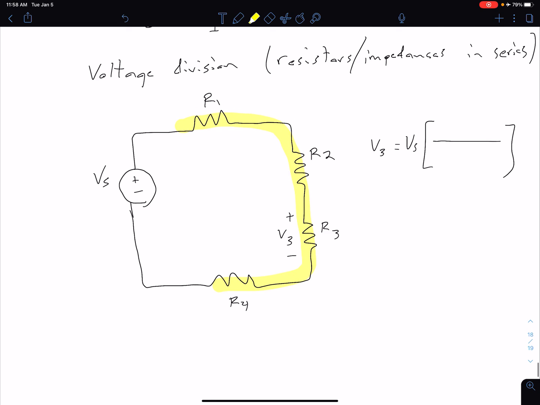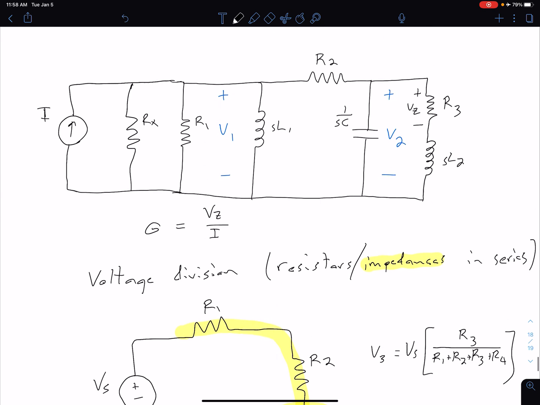Remember, if we're in the frequency domain, we can just replace that with impedances. So in this case, it's R1 plus R2 plus R3 plus R4. And then in the numerator, we have our resistor that corresponds to our voltage of interest. In this case, that would be R3. So we get something that looks like this.